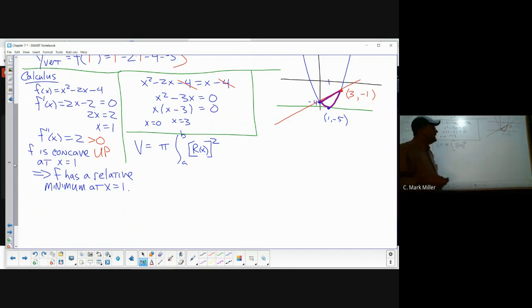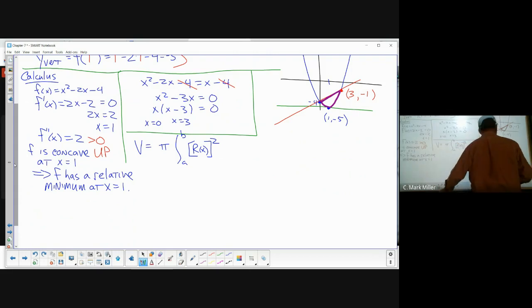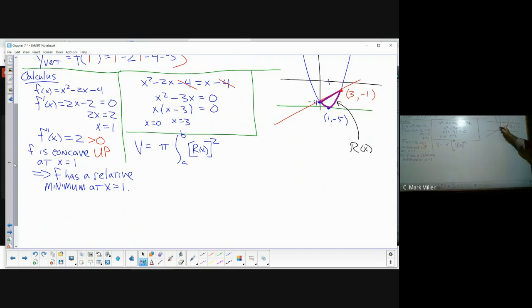So this right here, the bottom one, is capital R of x. I want you to picture there being another, the line, which the book calls little r of x. Little r, a small r of x.